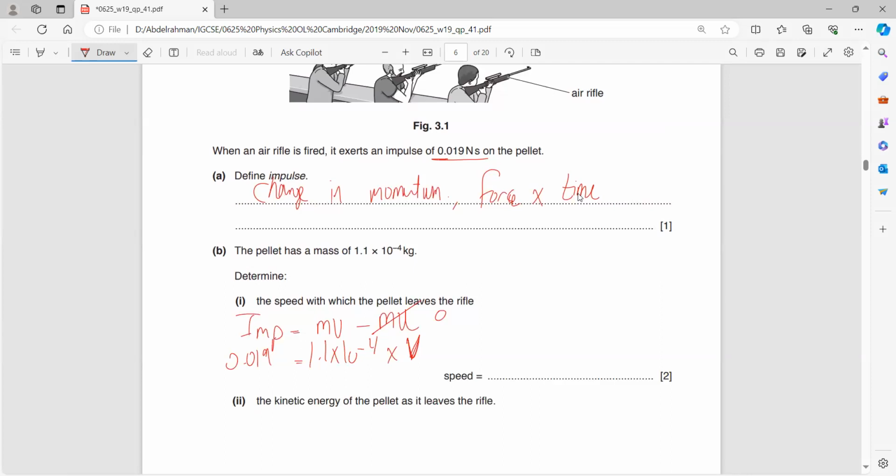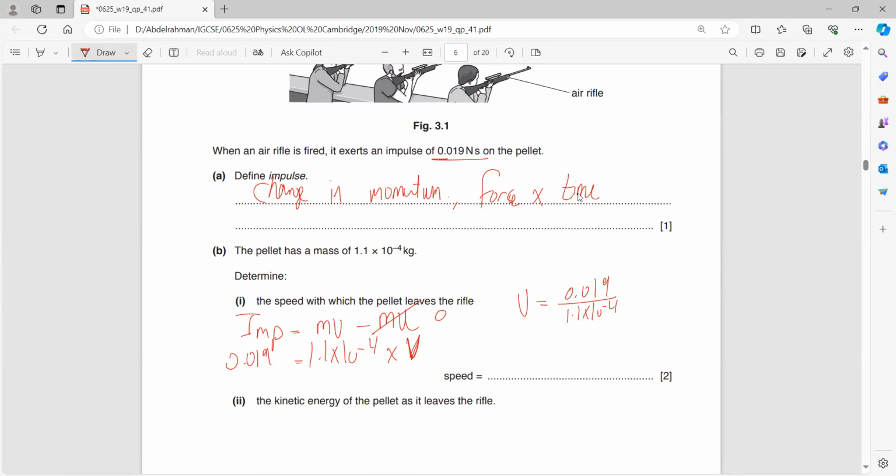0.019. Now calculate v: 0.019 divided by 1.1 times 10 to the negative 4. Who doesn't understand what happened? Impulse equals mass times velocity minus mass times initial velocity, which is the change in momentum.